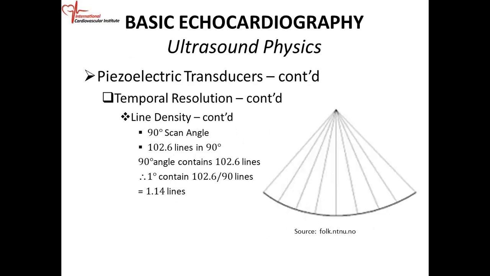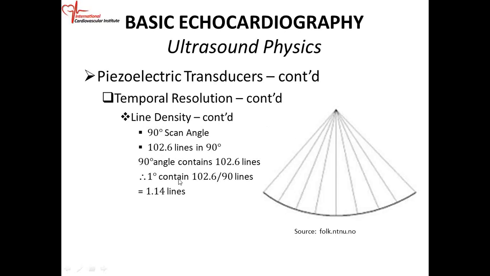But if it was 90 degrees now, say this angle is 90 degrees, then each degree would contain 102.6 divided by 90.